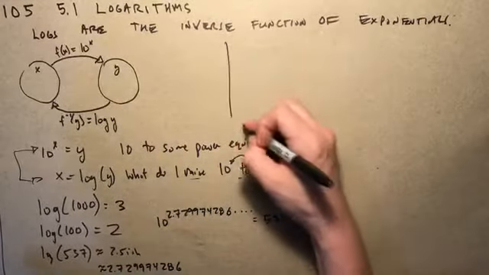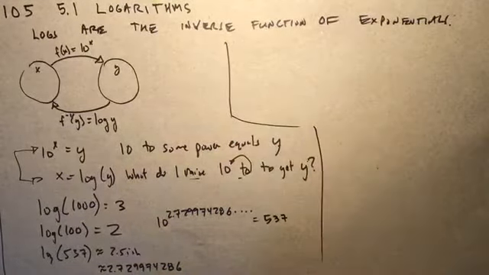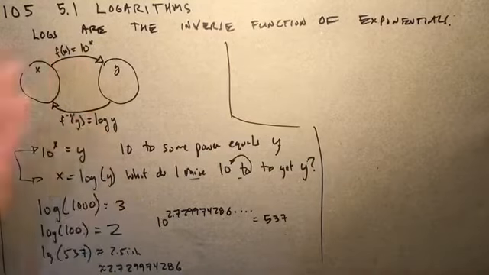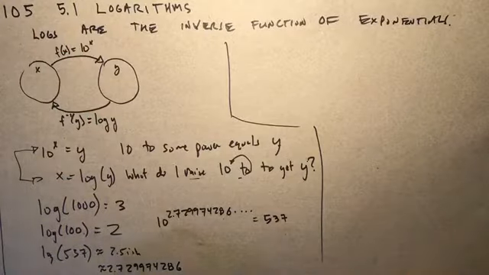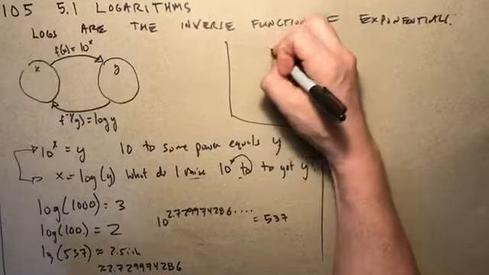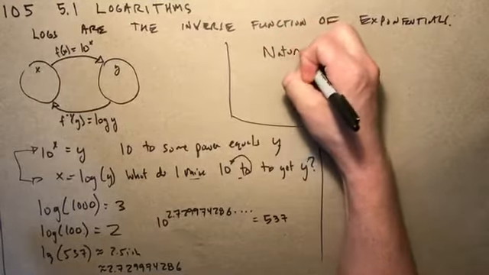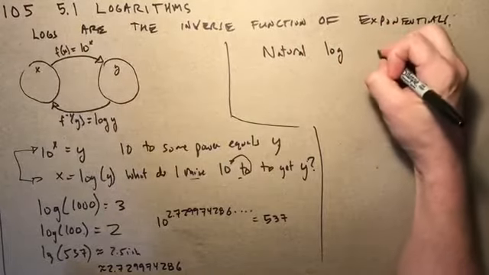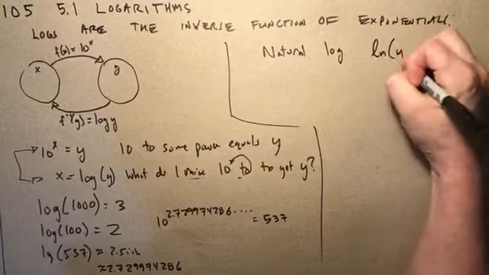There's another logarithm that we're going to deal with. So we're going to have log, and that's going to represent the inverse function of 10 to the x. The other function that we're going to deal with is natural log. We're typically going to write this ln of y.